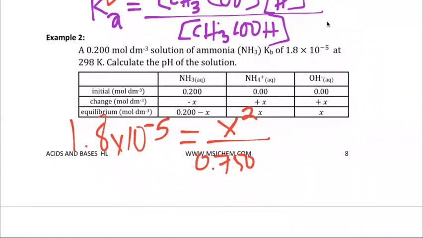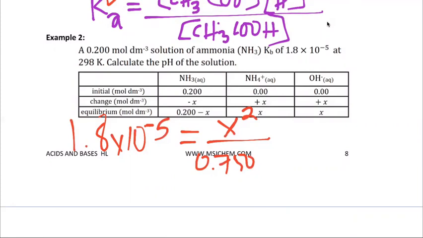If we leave the negative x there, then we end up having to use the quadratic formula, and there's all kinds of other weird stuff that makes it more difficult. But because we can assume that it's going to be almost exactly 0.750 still at equilibrium because it's a weak acid, and that Ka value is so small, we can simplify the math, and now it's just getting x by itself on one side.